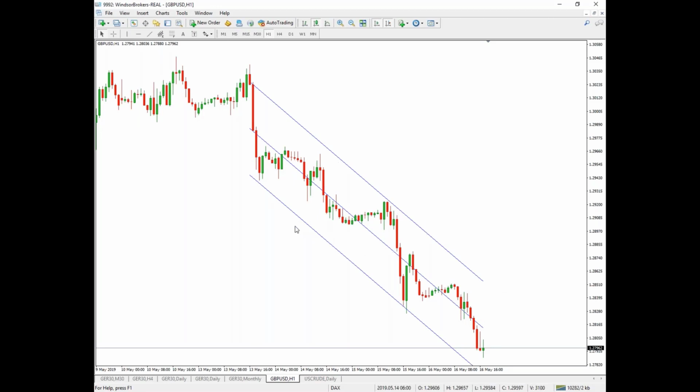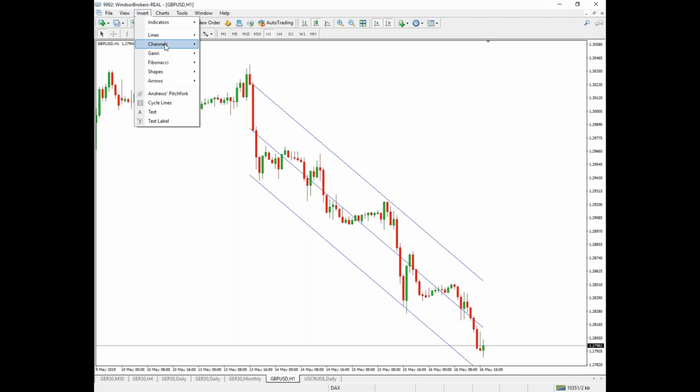We have the upper, middle, and lower line, and we can see that the price action fluctuates, and now it's approaching the lower line again. The two lines at the sides act as supports and resistances, and we can see that the market fluctuates between them without breaking. When there is no breakout of these lines, it means the trend is still alive and moving within the original direction.